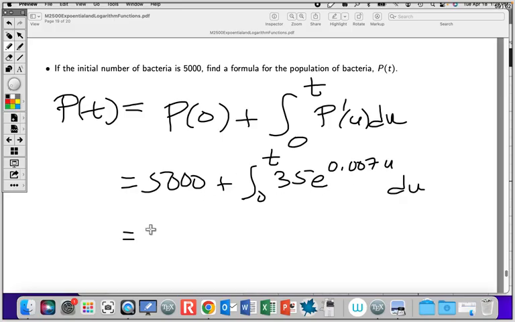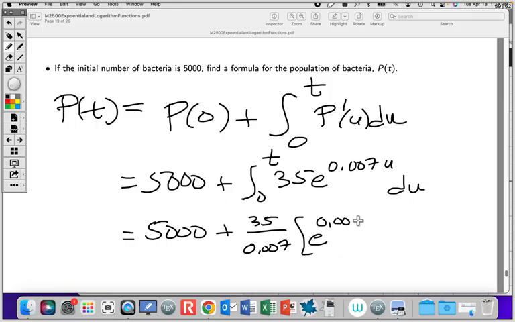And once again, we've done this work. So we're going to have the 35 over the 0.007 times e to the 0.007 t minus e to the 0.007 times 0.